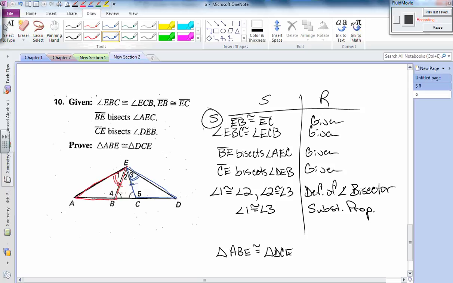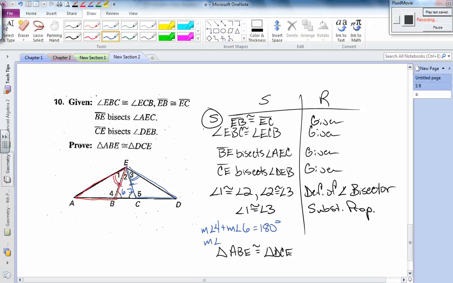what I want to do is I want to put a 6 and a 7 here. 6 represents angle EBC, which we have up here. And angle 7 represents angle ECB, which we have up here. They're congruent to each other. And what we can say is that the measure of angle 4 plus the measure of angle 6 is equal to 180 degrees.